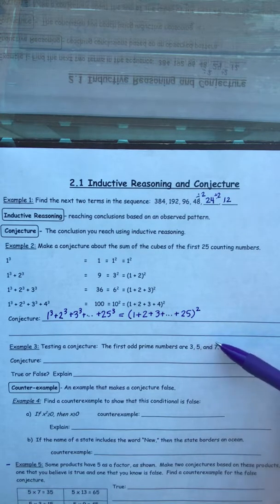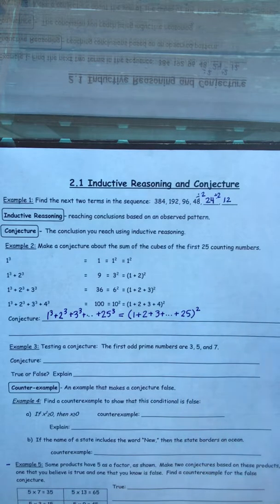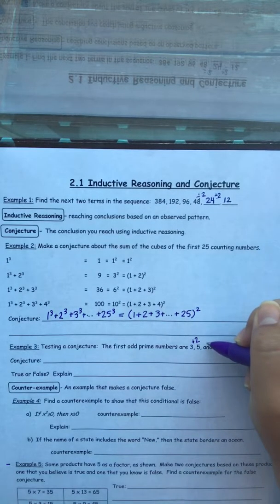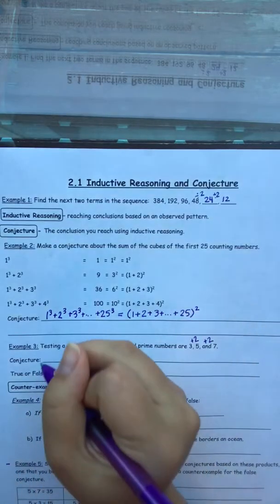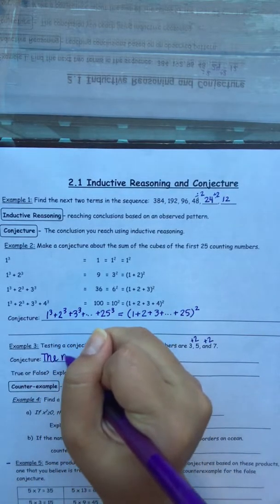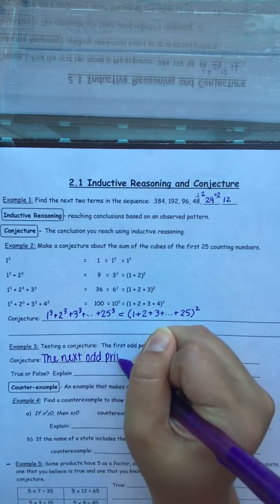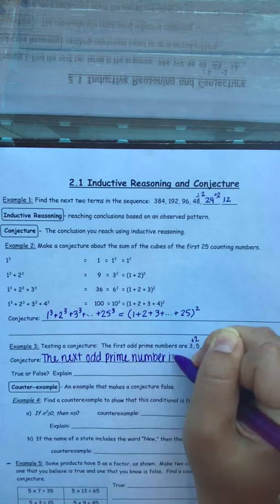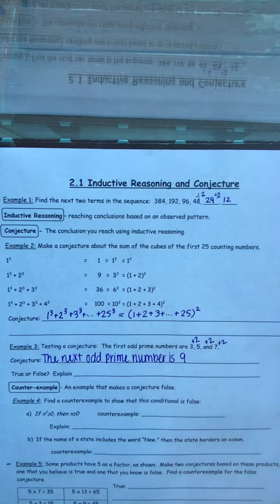Hopefully you notice that between 3 and 5 we've gone up by 2, and the same thing between 5 and 7. So my conjecture here is that the next odd prime number is 9. All I did to get to that is I added 2 to 7.